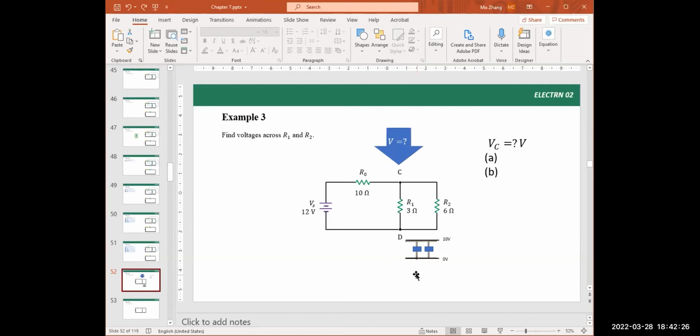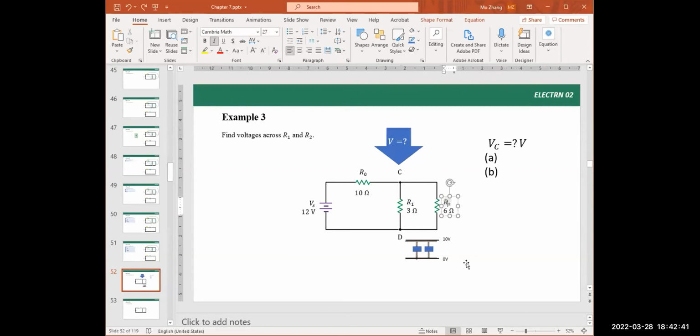Both are important. So example 3. At this time, we know the current in the main branch, and now we need to find the voltages across R1 and R2. How much voltage across R1 and how much voltage across R2? That's the next step here.